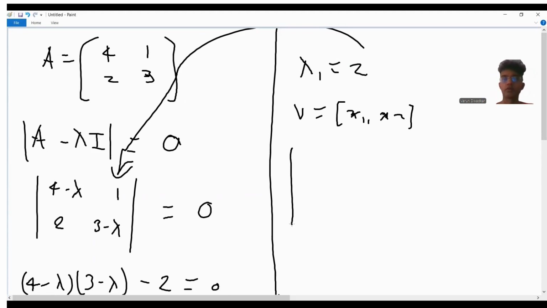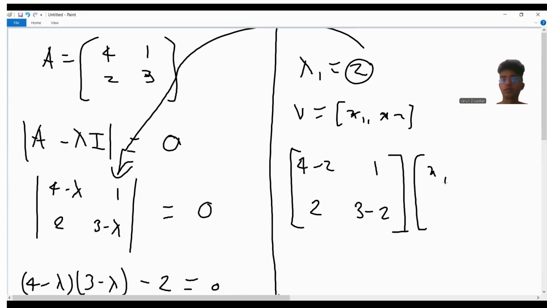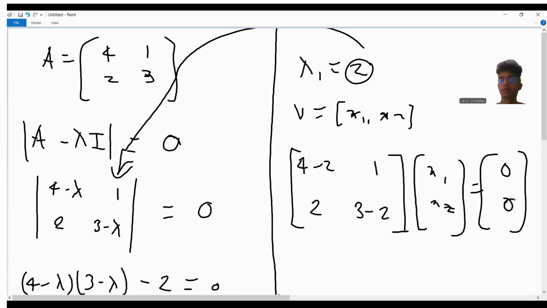The matrix itself, 4 minus 2, 1, and 2, 3 minus 2, into x1, x2 equals 0, right?